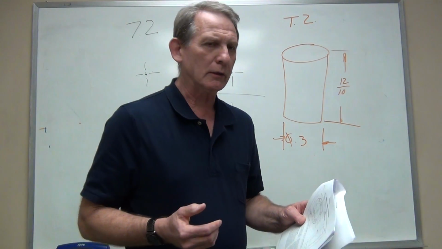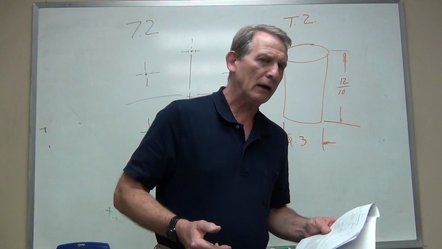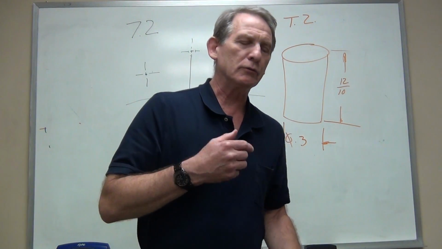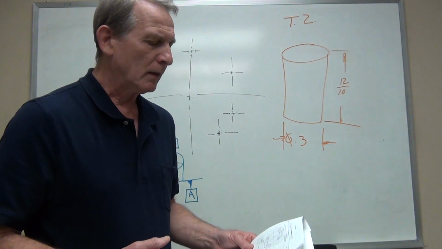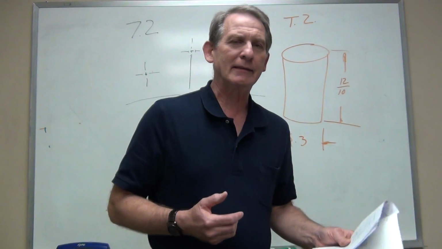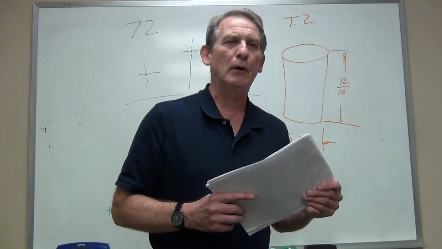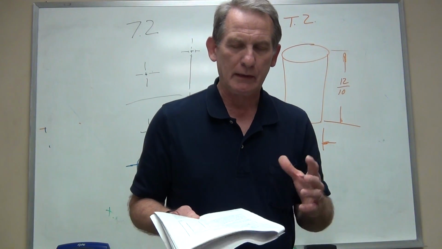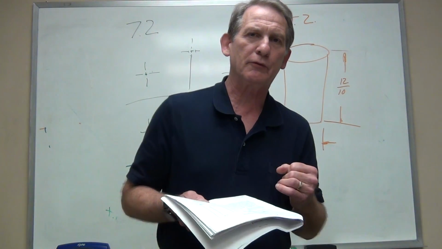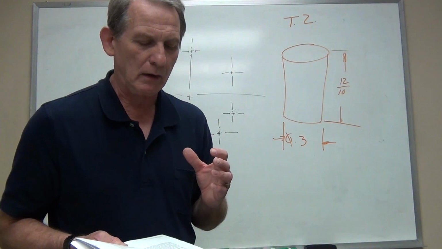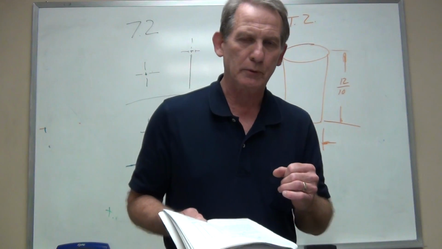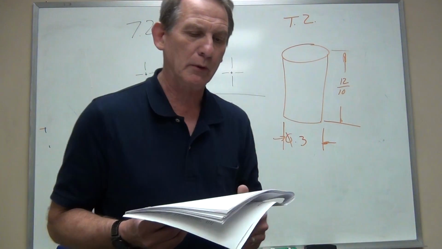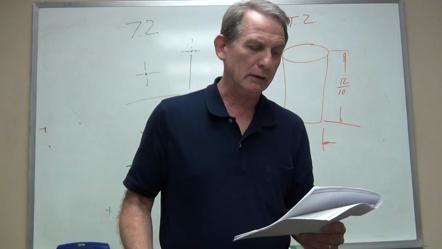So what I'm going to do here is I want to have you go back to figure 7.2. Now in the previous video we used figure 7.2 and it's a great example of a partially constrained part and how we can use the datums to constrain it just enough to validate these positional dimensions for these small 3 millimeter holes in this ring.